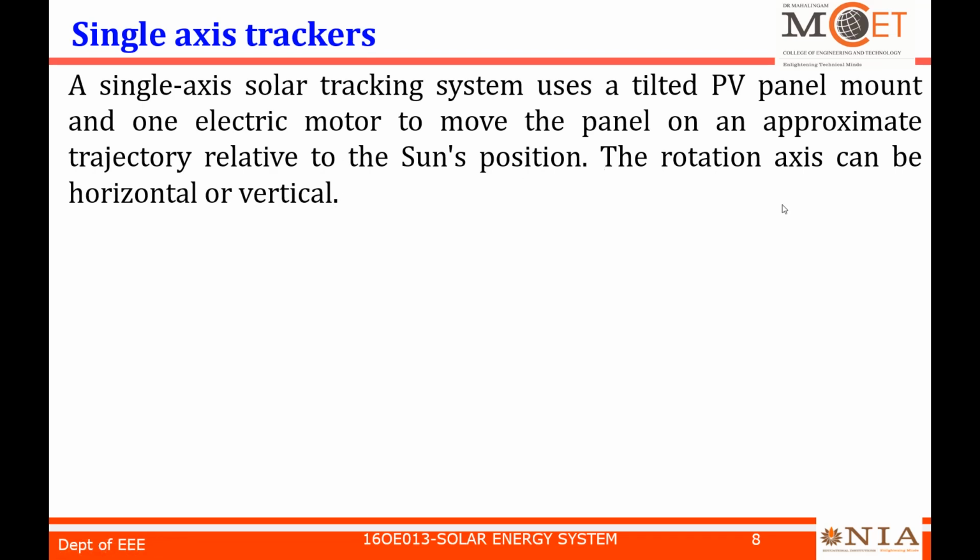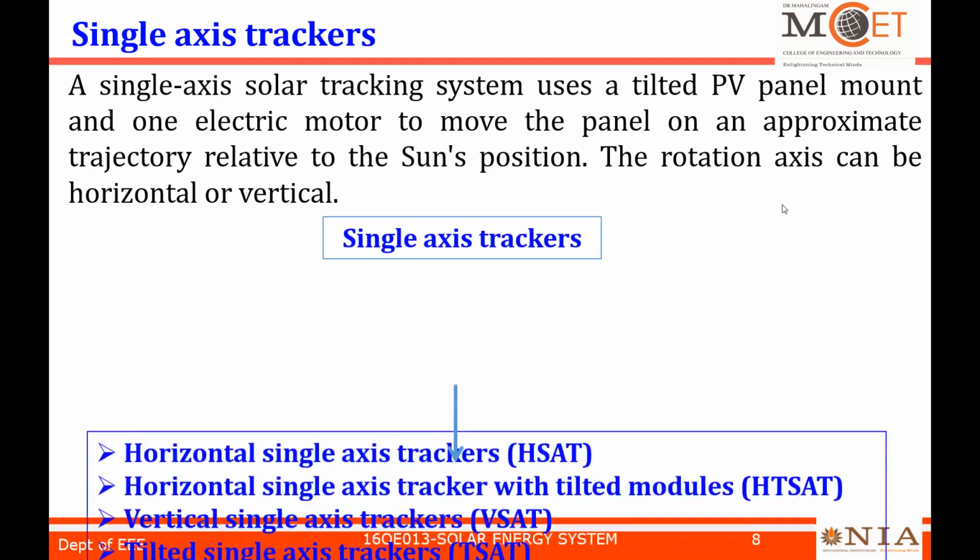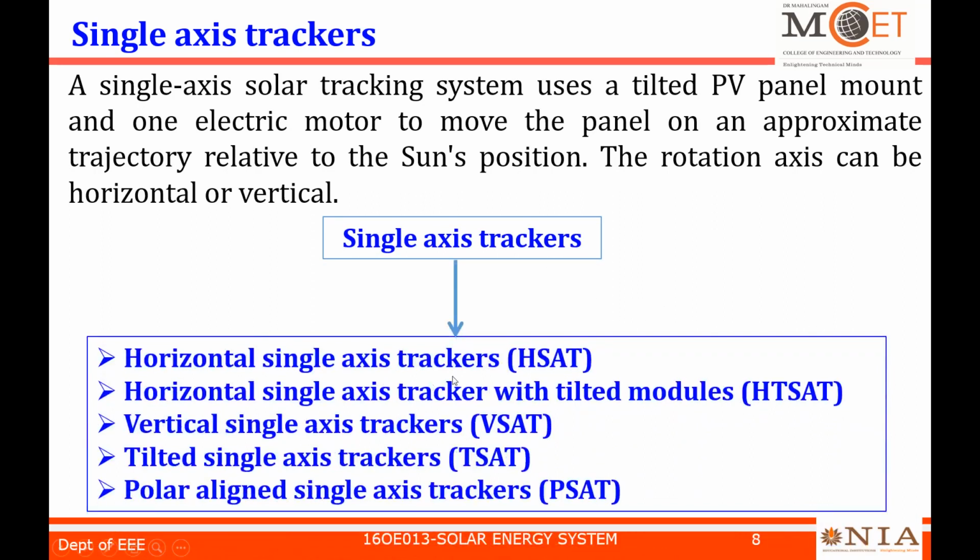The rotation axis can be horizontal or vertical. Single axis tracker is further classified as horizontal single axis tracker, horizontal single axis tracker with tilted modules, vertical single axis tracker, tilted single axis tracker, and polar aligned single axis tracker.